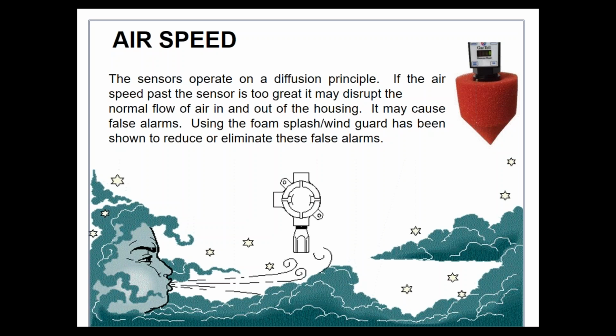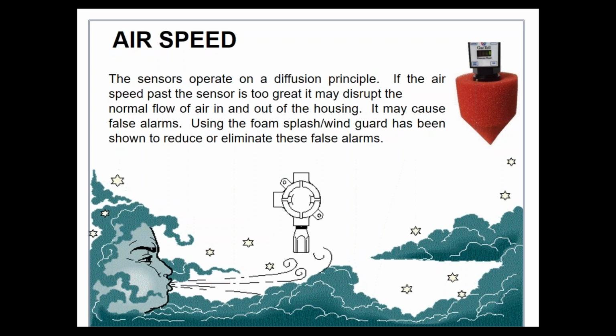Offshore, there's always going to be mostly onshore breezes, so you might want to look into that to determine the best location for a specific sensor. The idea of the sensor is you want to catch any leak. Putting a sensor out in the wind that never is going to see high concentrations of a gas is a waste of time, money, and maintenance. So airspeed is extremely important.